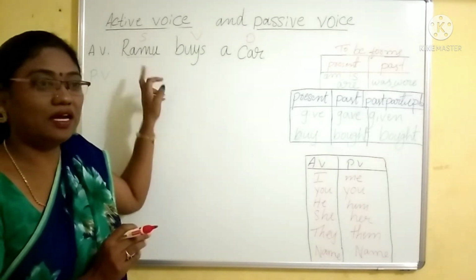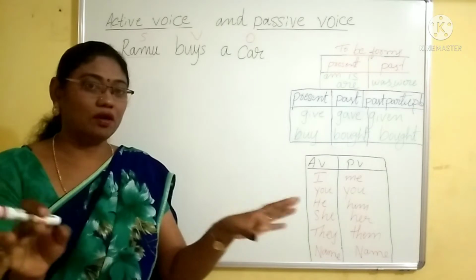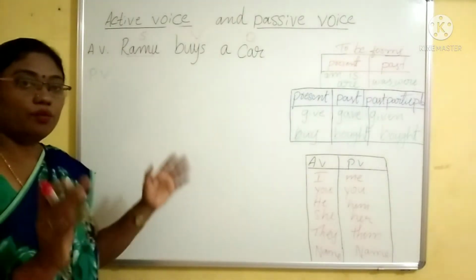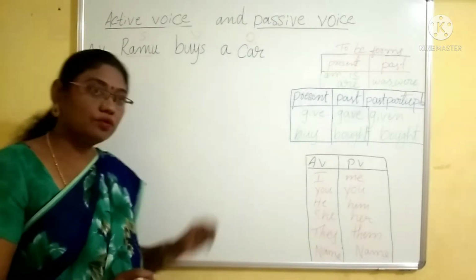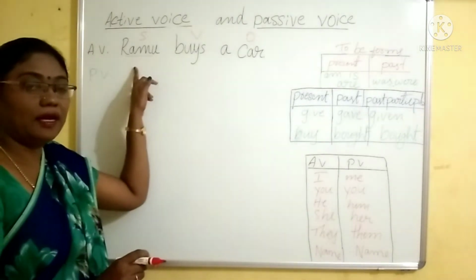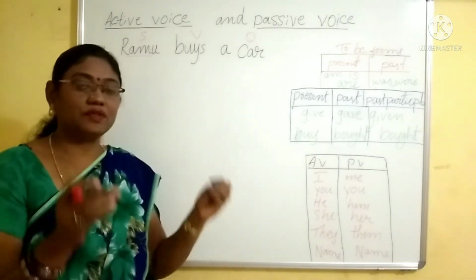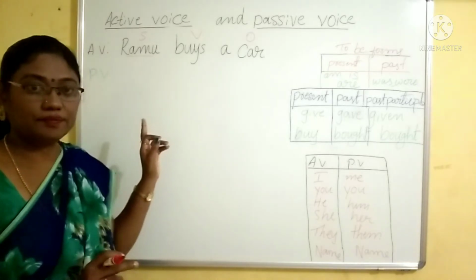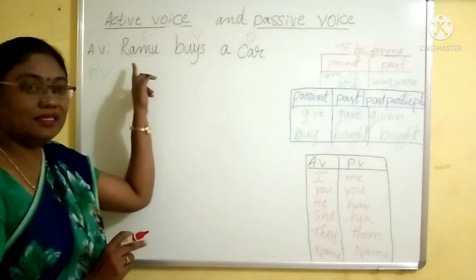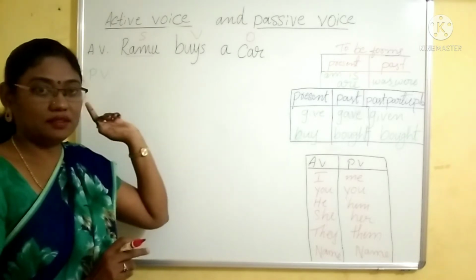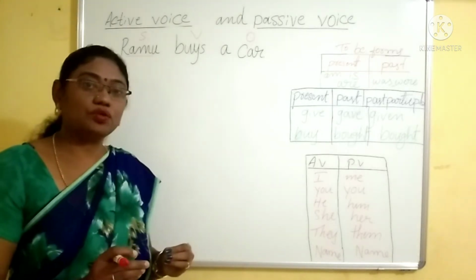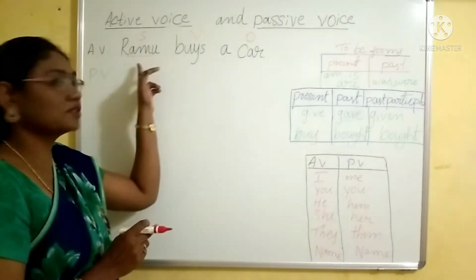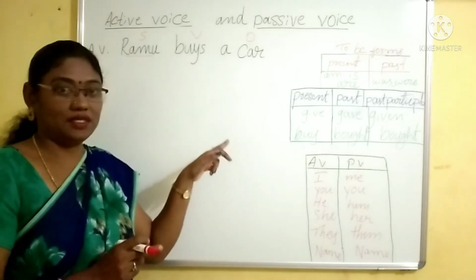The one who does the action is called the doer. The subject can be a person, a thing, a place, an animal, and so on. So this is called the active subject.